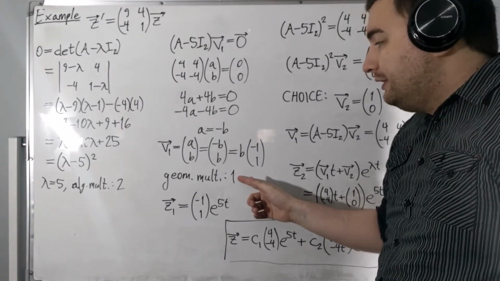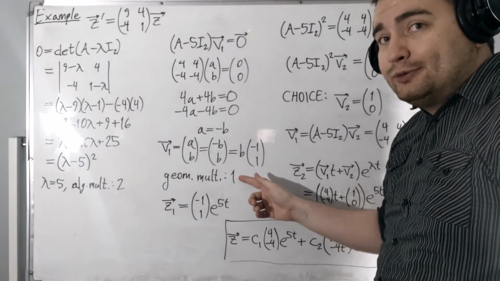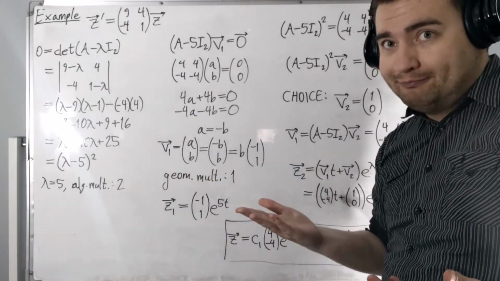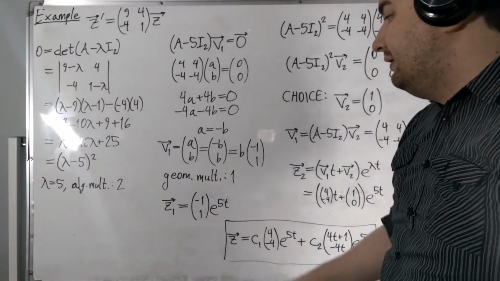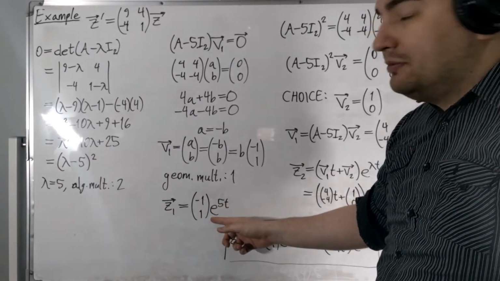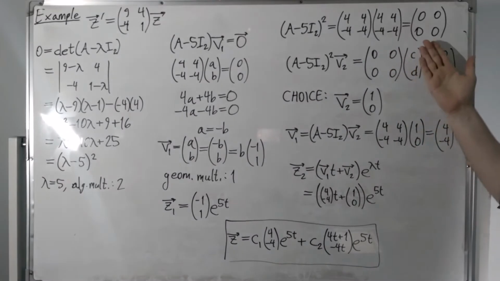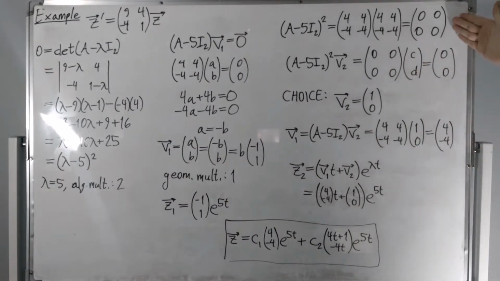If there's only one free variable, then the geometric multiplicity is 1, in which case the defect is 2 minus 1, which is 1. So then you can construct one basis solution, but in order to construct the other basis solution, you have to consider generalized eigenvectors of rank 2.